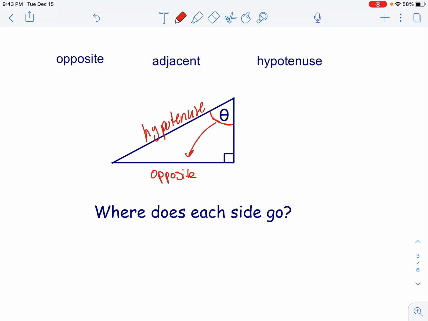It's always the longest side, and it's always the one across from the right angle. And then the adjacent would be the one next to theta. So make sure you identify where your angle is. In this case, it's that corner with a red dot, so the opposite is the one on the far side from that.